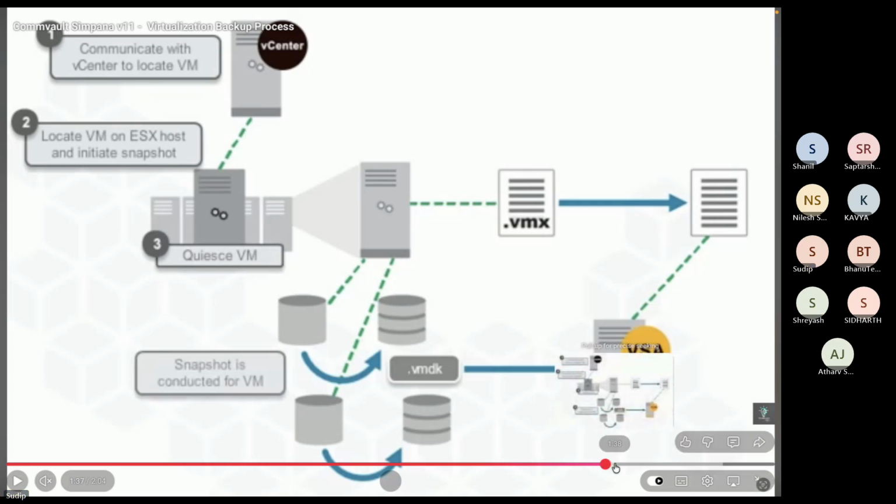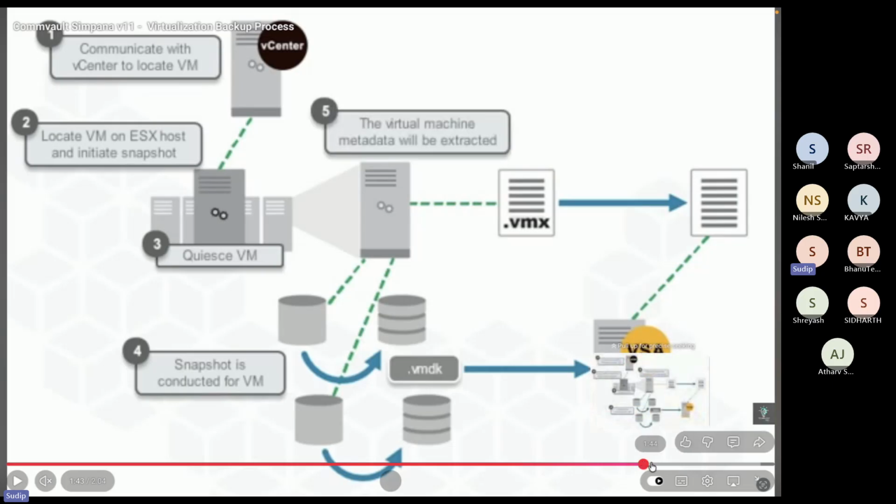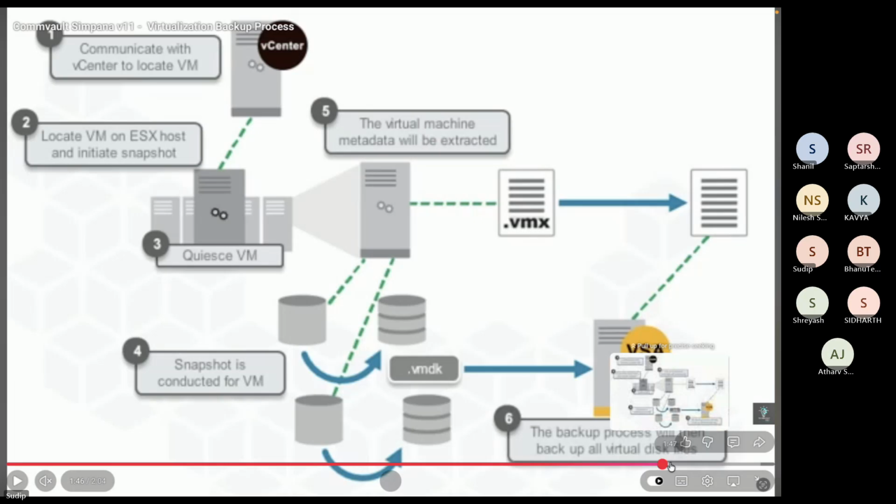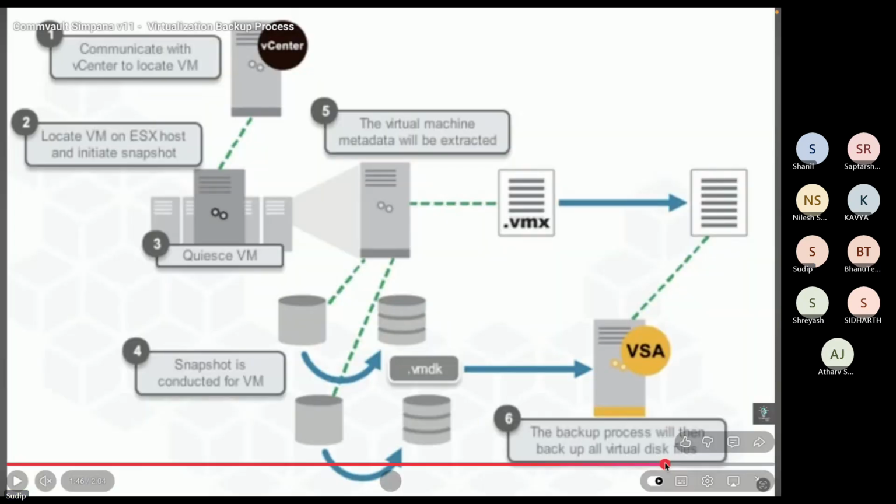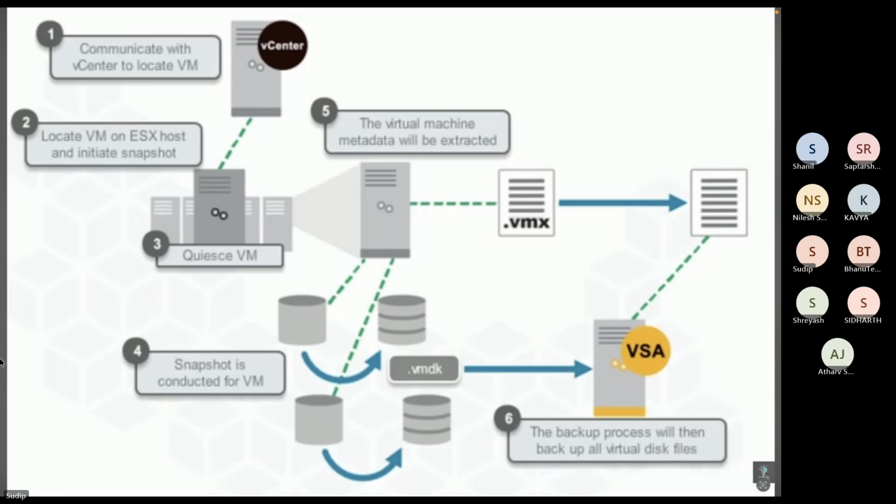And we have seen earlier that once you start a backup job in Commvault or in any other backup software, it goes through certain phases. What are those phases? First, it will scan what needs to be backed up. Then, if you have enabled deduplication or compression, it will do that.